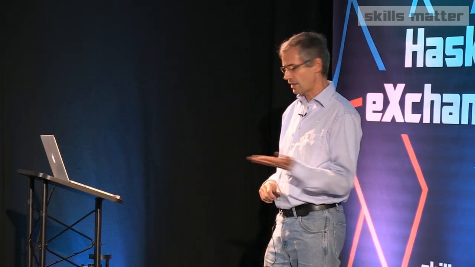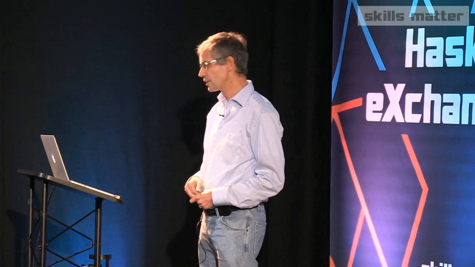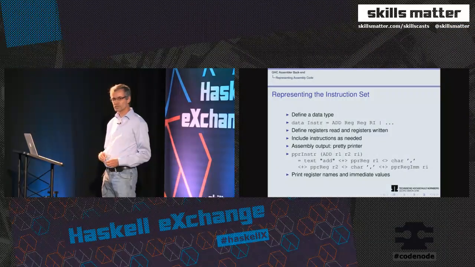So for each instruction, you just give it a name, as a data constructor of the instruction type. I just gave the example of add, and add has a few arguments, PowerPC being a RISC architecture, so they use 3 address mode for all those operations.